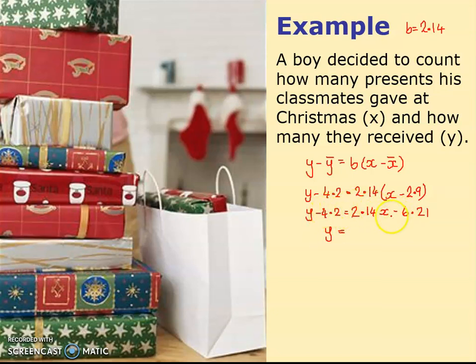That's going to be plus 4.2, and it was minus 6.21, so I do 4.2 minus 6.21, and that is, technically, minus 2.01. That's my a plus my bx, so I've written it that way around. It could easily have been written more feasibly with 2.14x at the front.